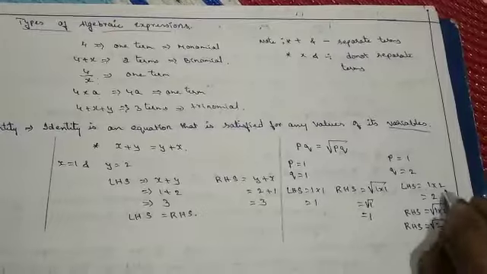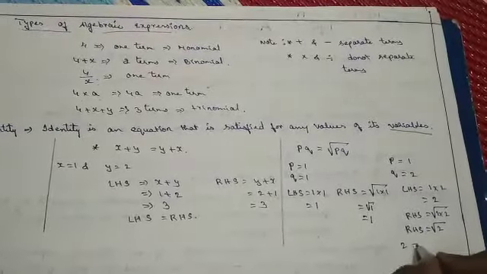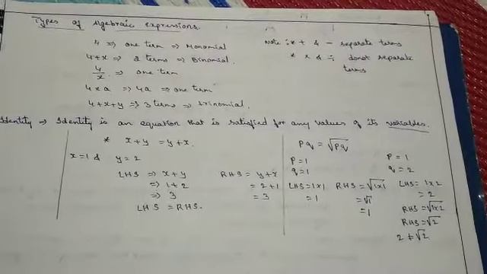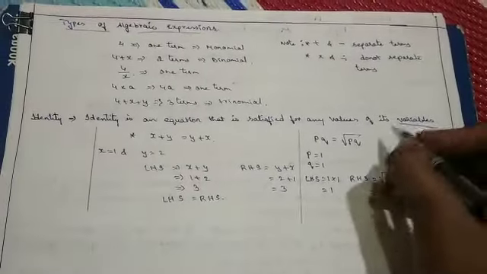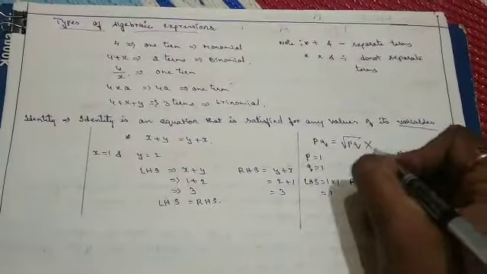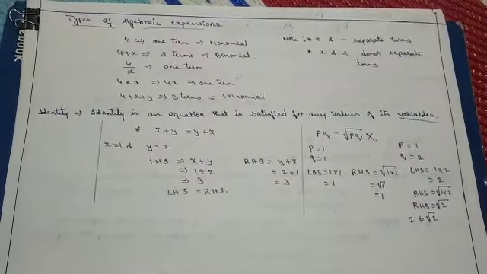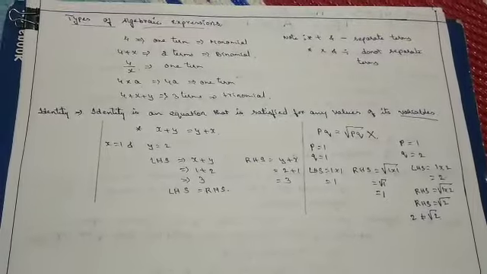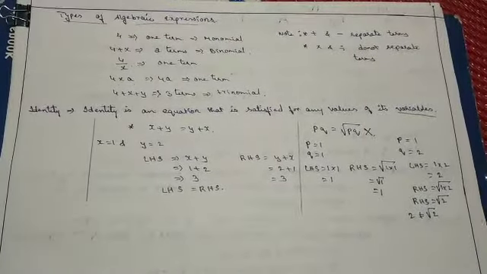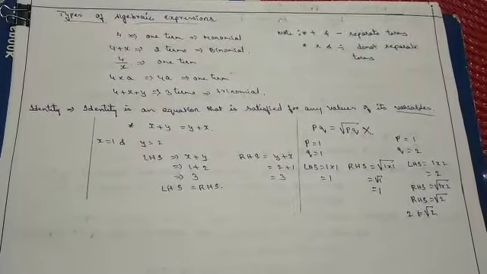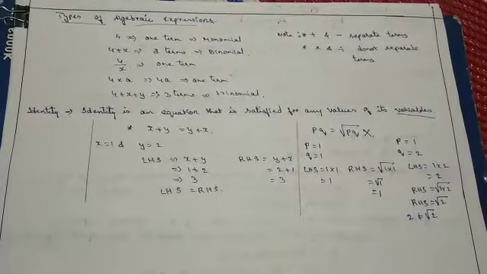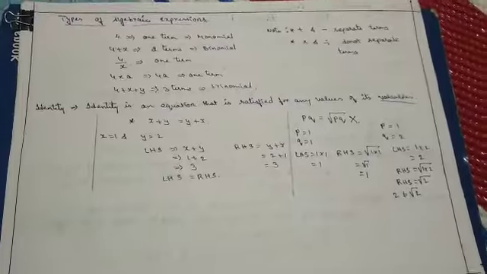Can I say 2 is equal to root 2? No. 2 is not equal to root 2. Then in that case, we cannot say this is an identity. The identity is where the value of LHS and the value of RHS remain the same when we substitute any constant value for the variables. That is said to be an identity.